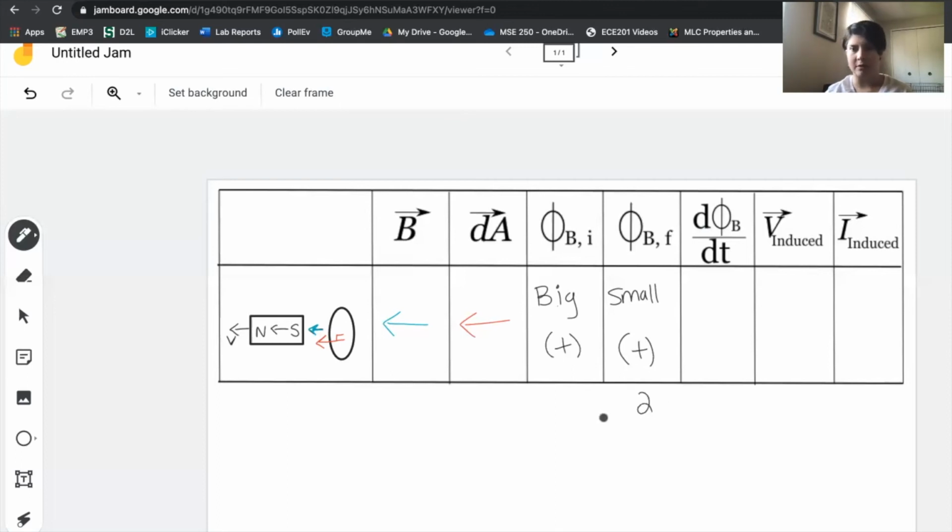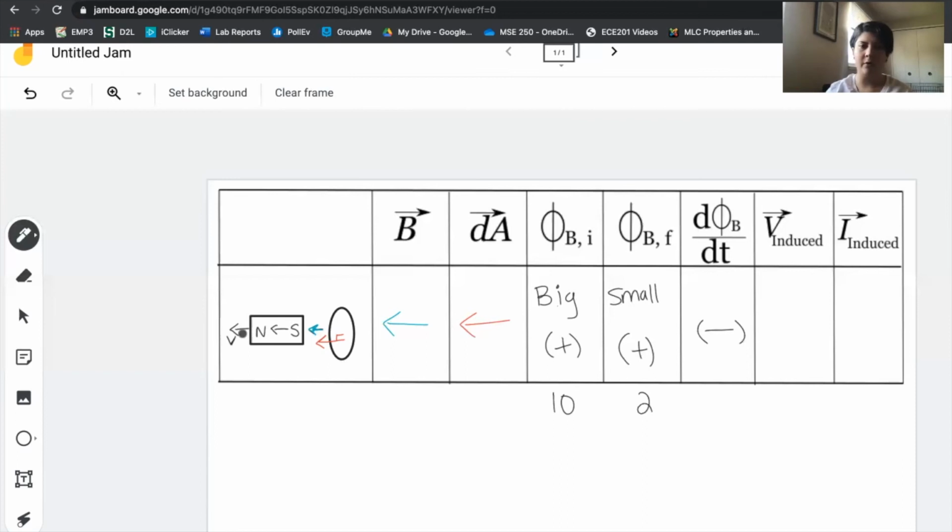That's a positive number, it's pretty small. And a big number, say 10. So this is a big positive and small positive. If we do 2 minus 10, that is a negative number. And so we will be getting a negative change in flux.